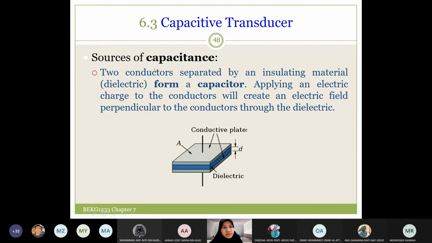The source of capacitance is produced by two conductors separated by an insulating material forming a capacitor.